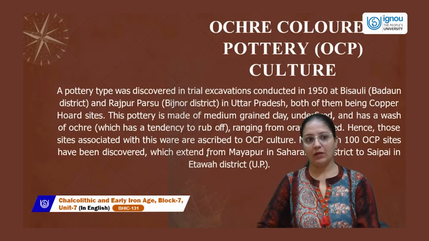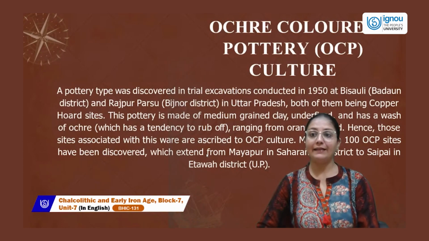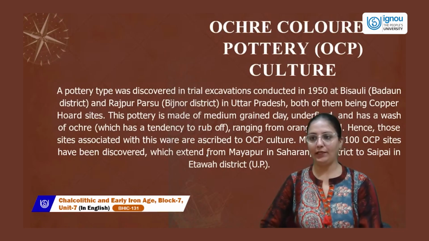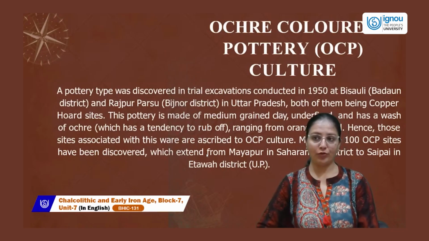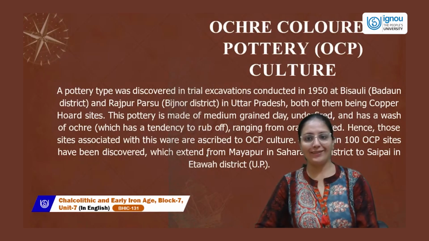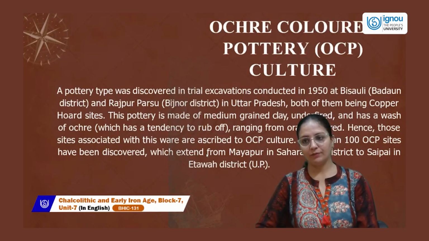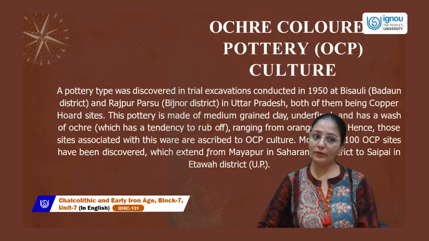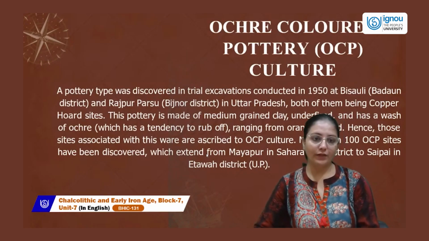OCP pottery type was discovered in trial excavations conducted in 1950 at Bisauli, Badaun district, and Rajpur Parsu, Bijnor district in Uttar Pradesh, both of them being copper hoard sites. We have got so many copper objects over there.